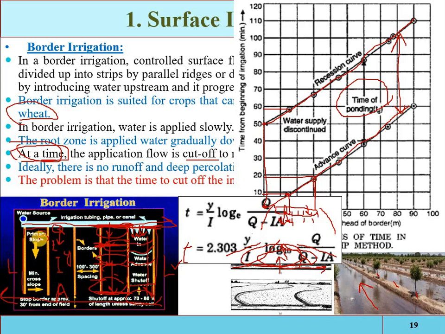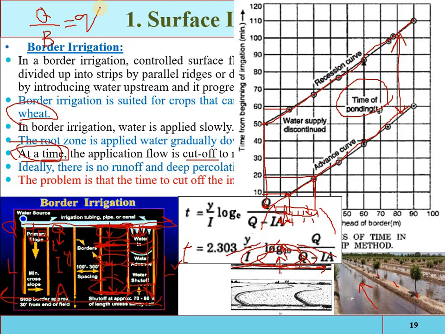Let the width of the border be B, and the inflow discharge be Q. Then the total discharge divided by the total width of the border is called the unit discharge, meaning how much water is introduced per 1 meter width of the border, in cubic meters per second per meter.